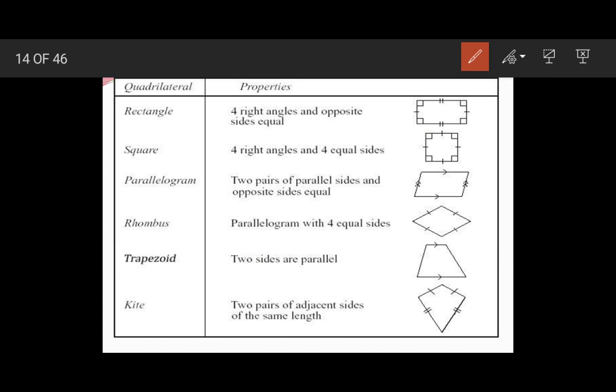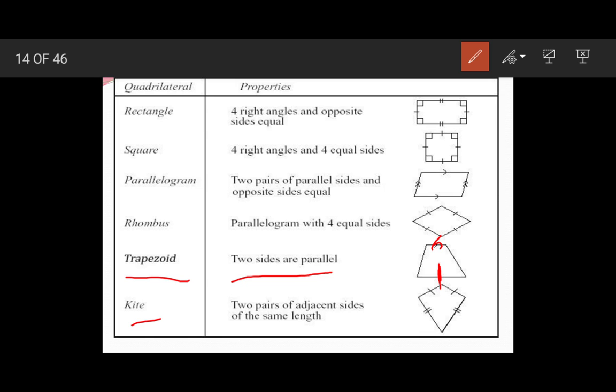Then next is trapezoid. In trapezoid two sides are parallel. That means one pair of sides. This side is parallel to this. Only one pair of sides is parallel to each other. This is the parallel side.